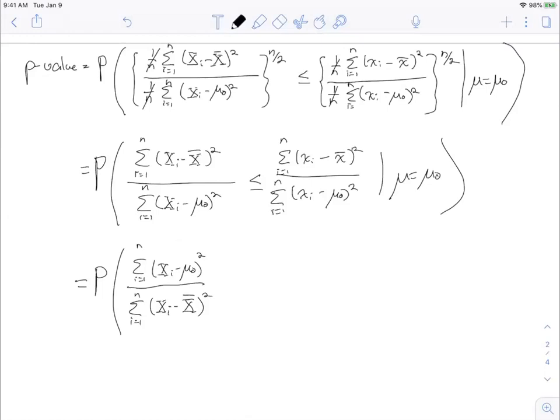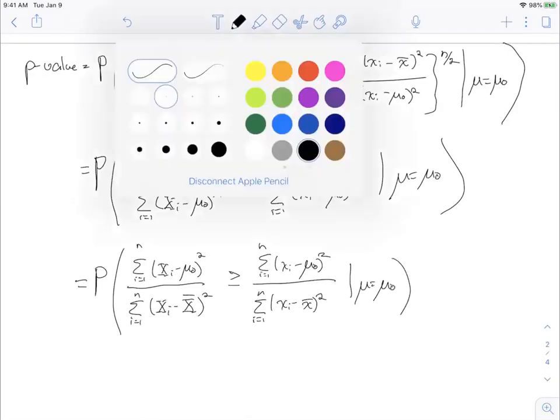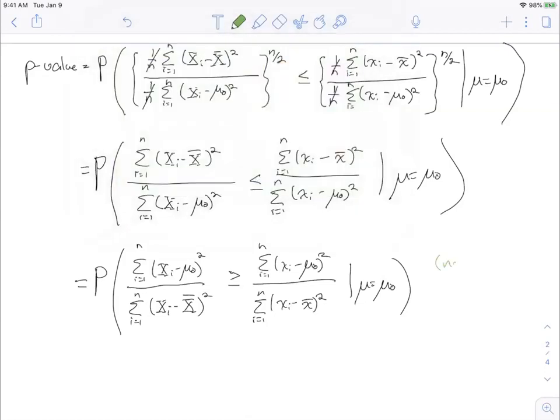In order to do that, I have to reverse the inequality. And the reason why I had to reverse the inequality is like if 1/5 is less than or equal to 1/3, then 5 is bigger than or equal to 3.